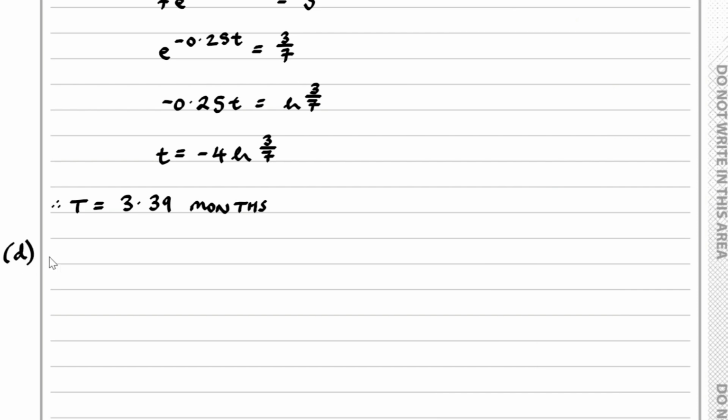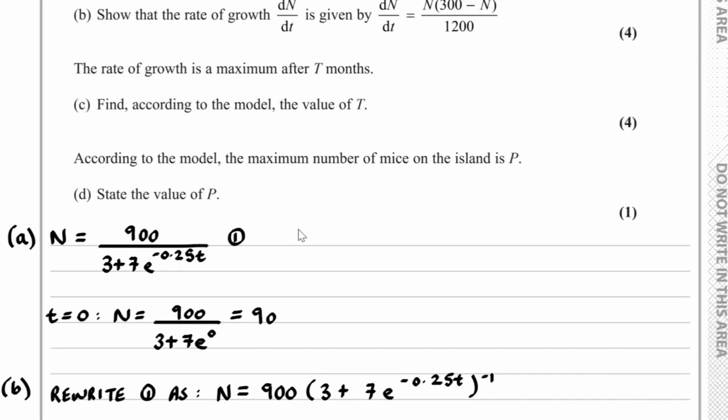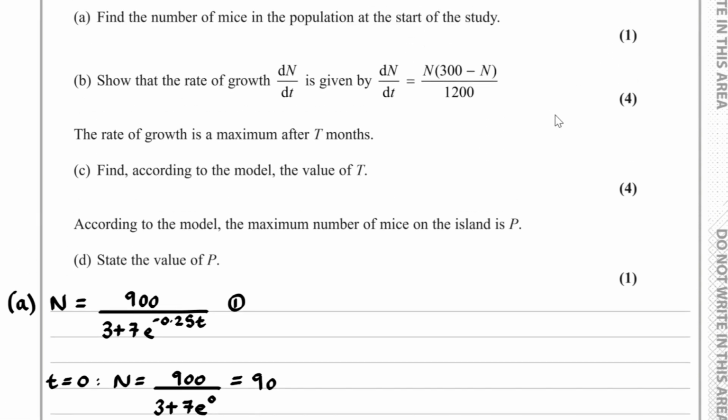And then for part D of the question, according to the model, the maximum number of mice on the island is p. We have to state the value of p. Well, essentially, we're looking at where dn over dt is equal to 0. That gives us the maximum number.